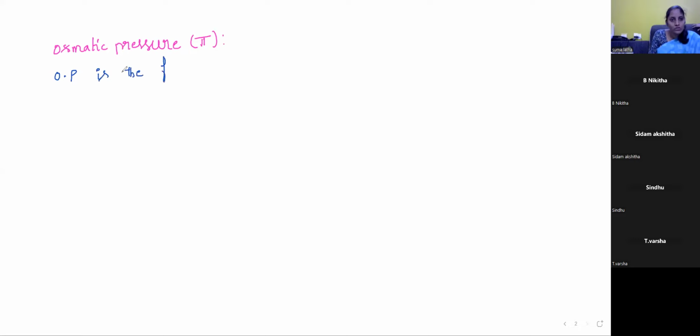Osmotic pressure is the force applied in the opposite direction to the osmosis.